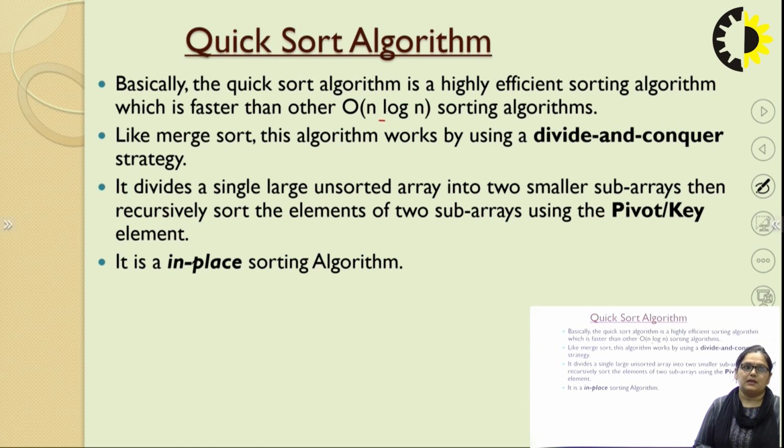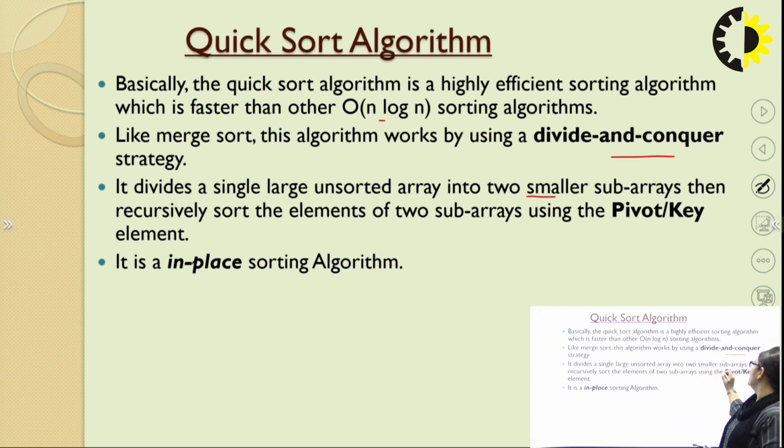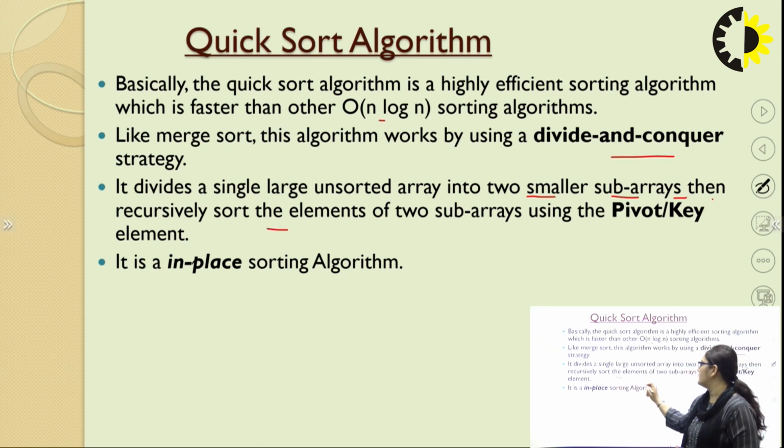So quick sort is more efficient and faster compared to algorithms having big O of n log n time complexity. Like merge sort, the quick sort algorithm also works using the divide and conquer strategy. Firstly, we divide the given large unsorted array into two smaller sub arrays. Then we recursively sort the elements of the two sub arrays using the pivot element or key element.